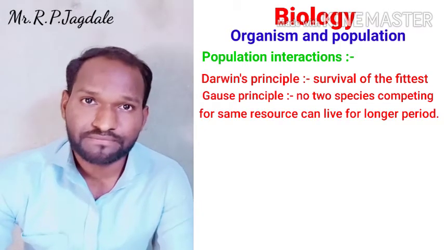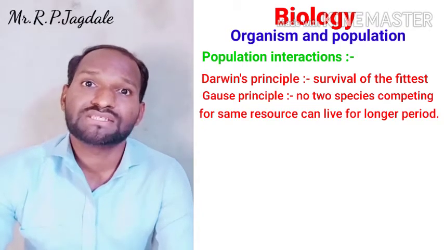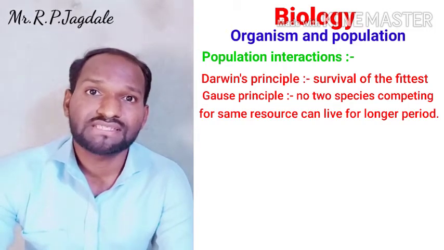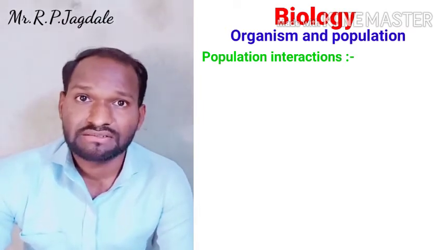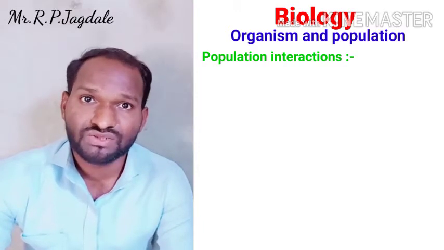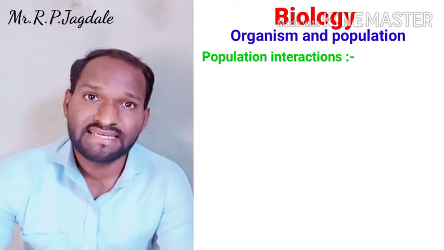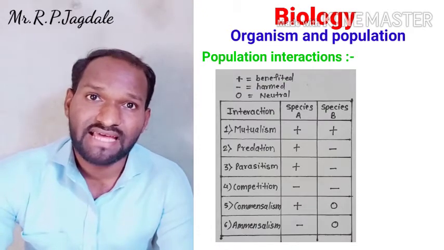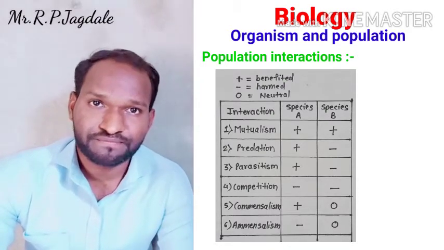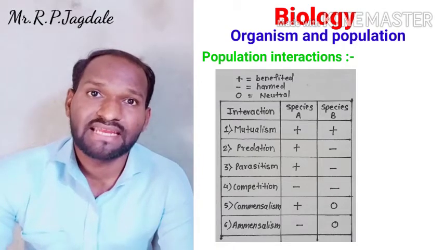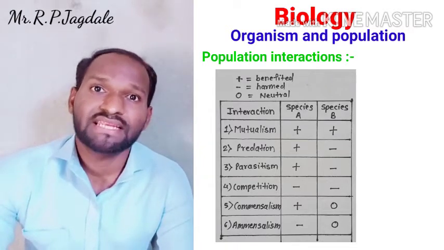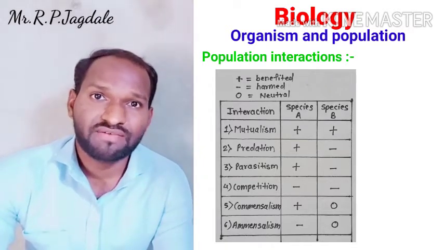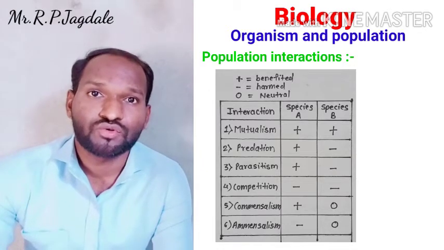Before we see the interactions, we will first look at a chart of the interactions we are going to study. In this chart, the positive sign indicates that the species is benefited, the negative sign indicates that the species is harmed, and the 0 sign indicates that the species is neither benefited nor harmed, that is neutral.